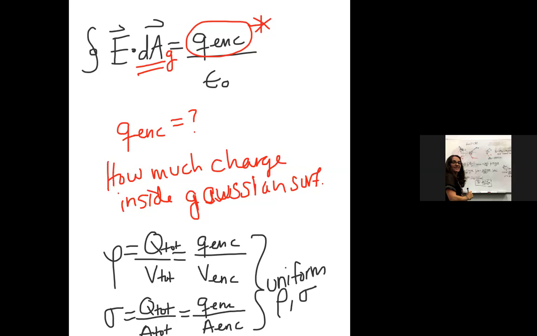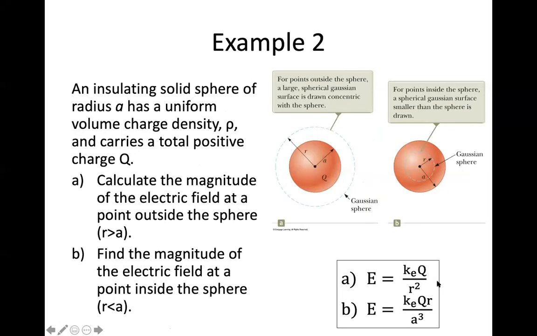And that's the stuff that you want to work with. So your brain power is going to come here to charge enclosed. If you've chosen a Gaussian that is a convenient Gaussian, that dot product will usually go away. If my distribution is a sphere and I've chosen a sphere, then all those dot products are one.